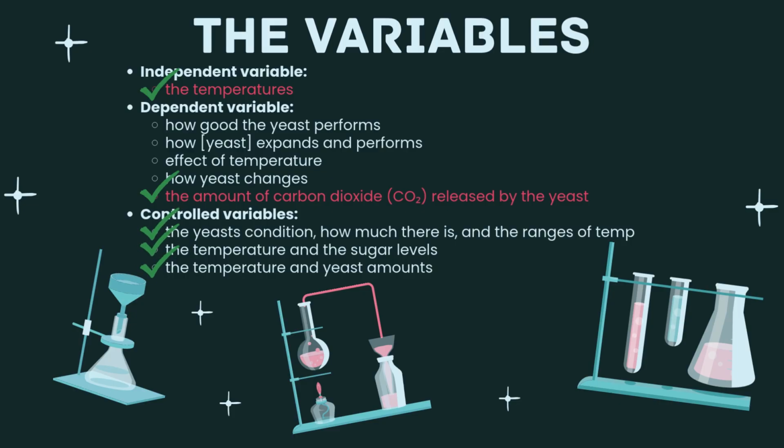We do need to keep the temperatures consistent. You all need to test at the same temperatures if possible. The condition of the yeast, whether it's new yeast or really old yeast, we do need to make that consistent in our experiment. How much yeast we use, how much sugar, all of those things are really important in controlling our experiment to try to get the most accurate data that we can. So you are definitely on the right track with those answers.